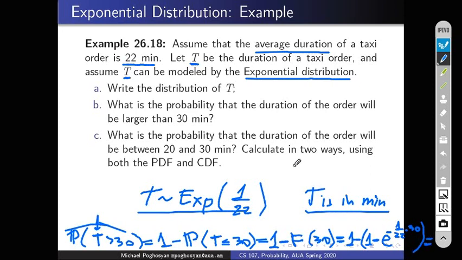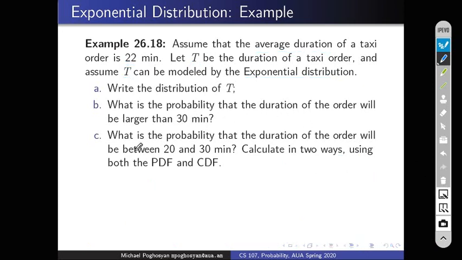Well, this is equal to e to the minus 30 over 22. So this is the value of this probability, the probability that the duration of the order will be larger than 30 minutes.